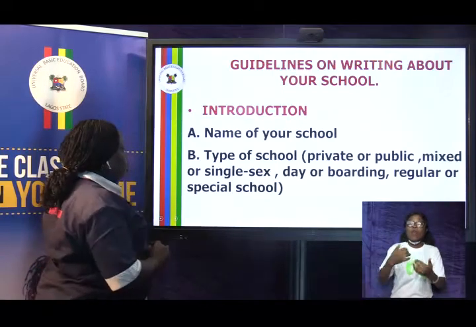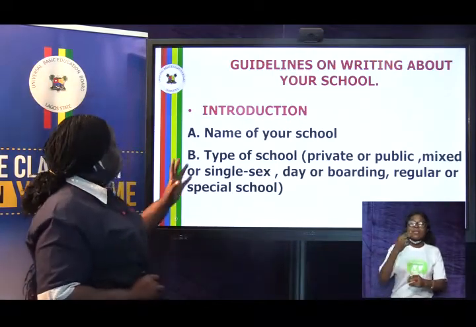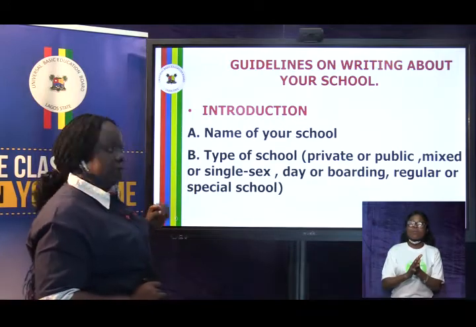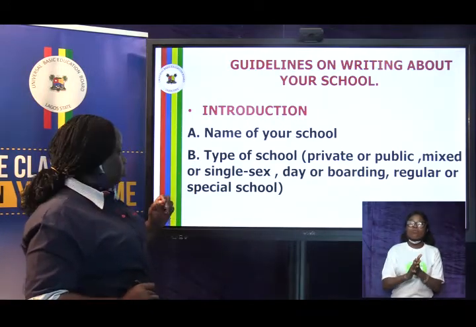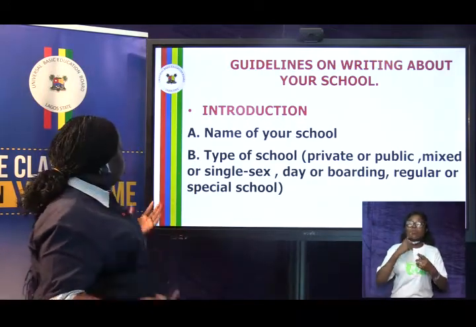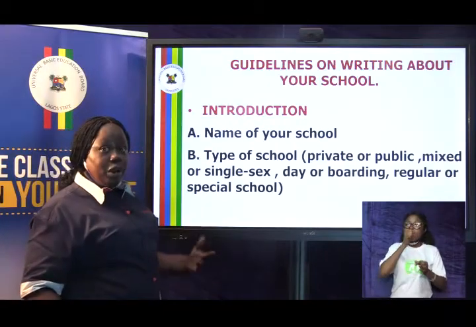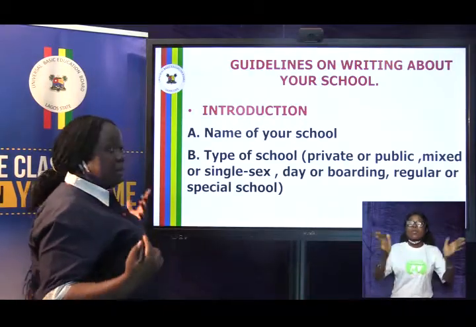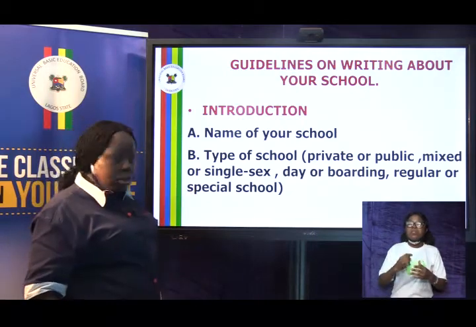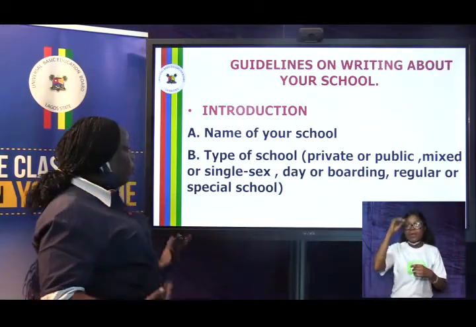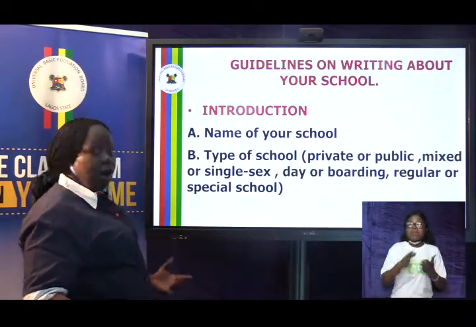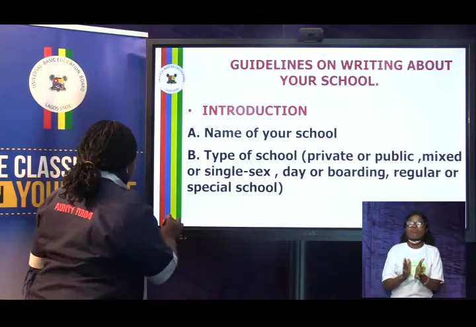Under introduction, you have the following: the name of your school, the type of school. Under the type of school, you're going to state whether it's a private or a public school, whether it's a mixed or single-sex school, a day or boarding school, regular or special school.